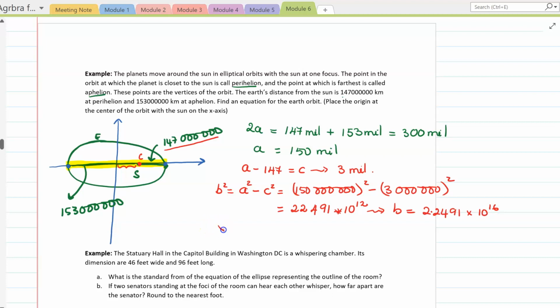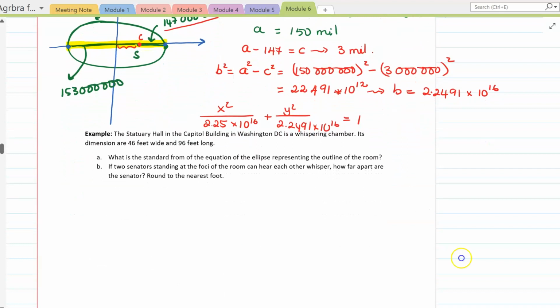So then we can come up with the equation x squared divided by a squared plus y squared divided by b squared. So that is the equation of the orbit of the Earth around the Sun.